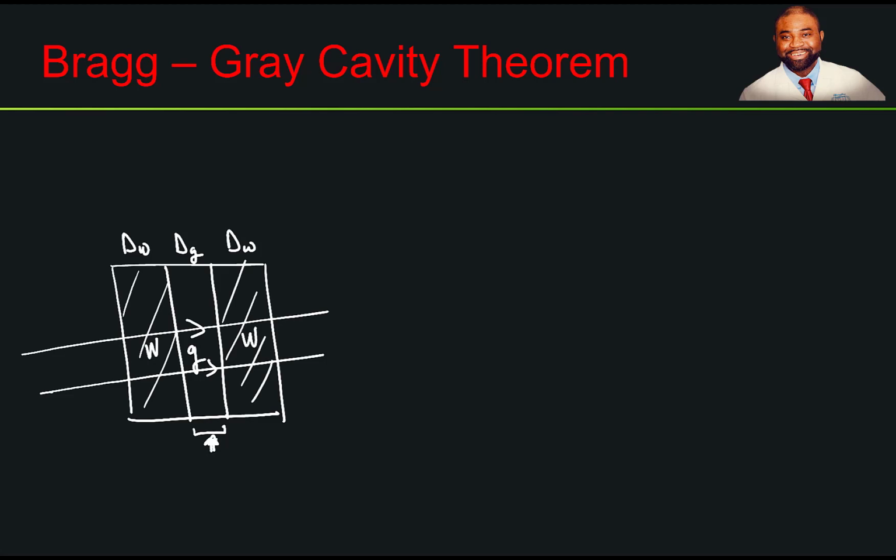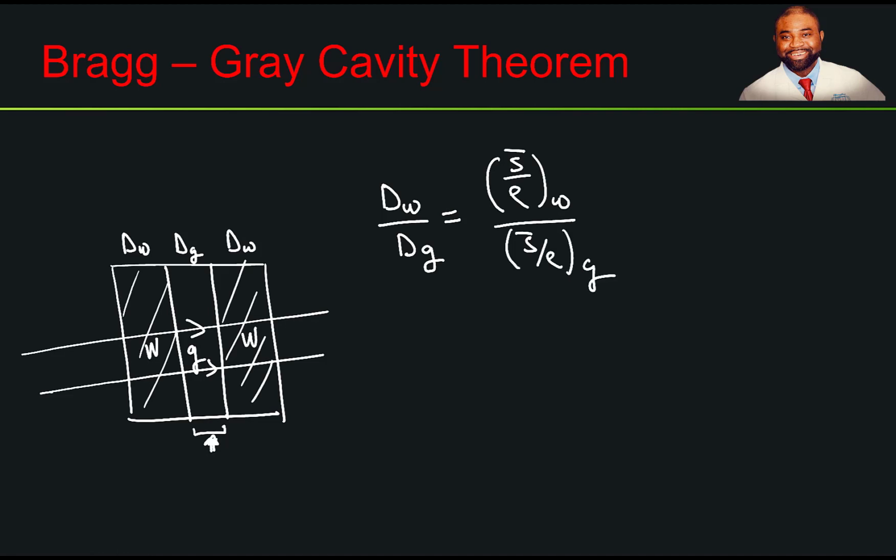What this means is that if charge-particle equilibrium holds true, then the dose deposited in W divided by the dose deposited in G will be equal to the ratio of the unrestricted mass collision stopping power in W to G. That's the shorthand way of writing it.